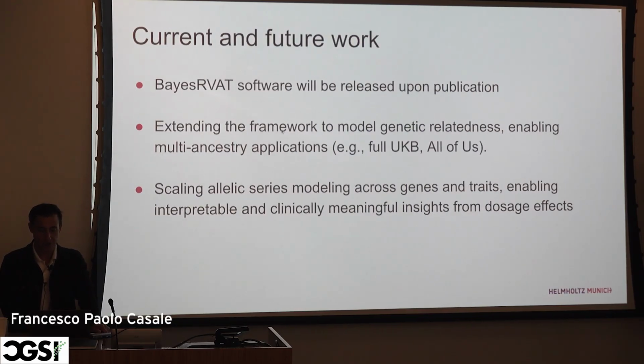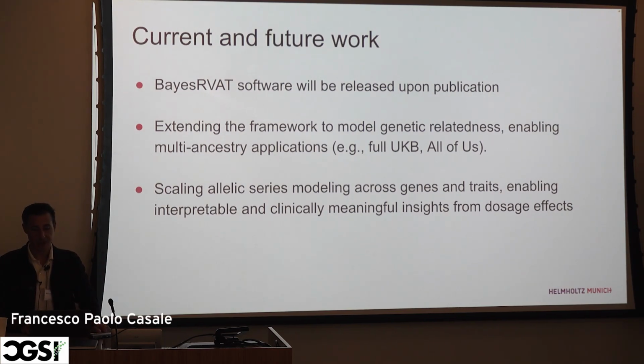We are now cleaning up the software. This will be released with publication. We are extending the framework to model genetic relatedness. All the analyses I showed today were on unrelated individuals, but now we also want to enable multi-ancestry applications, so that we can analyze the full UK Biobank and also All of Us, which is a multi-ancestry cohort as well.